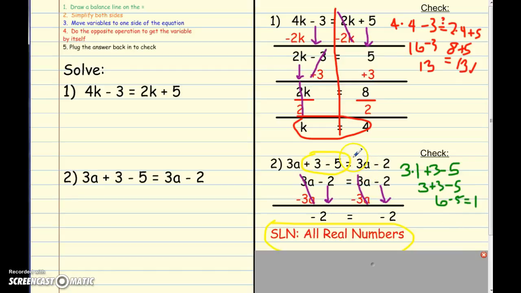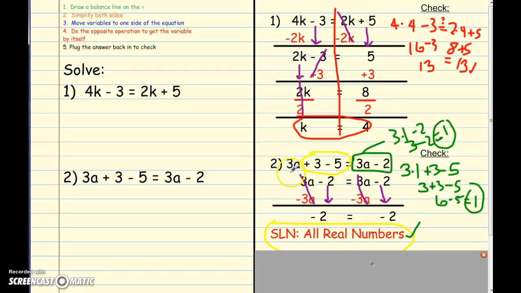If I take a 1 and put it in place of the a here, I should get a 1 also. 3 times 1 minus 2, 3 minus 2 does equal 1. Because we got the same answer here and here, we know that all real numbers is the correct solution for that one.